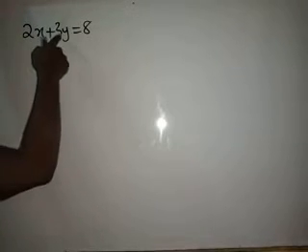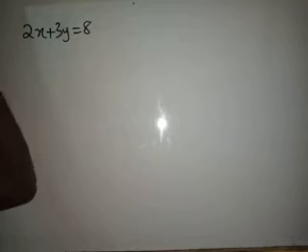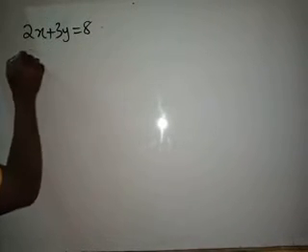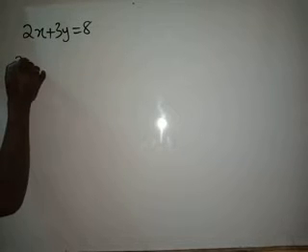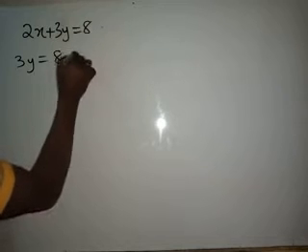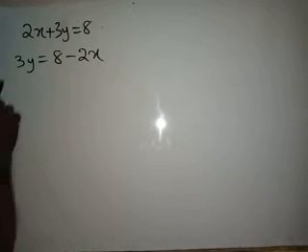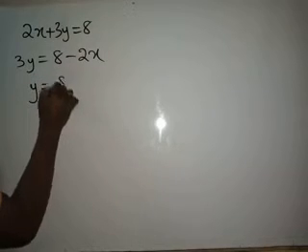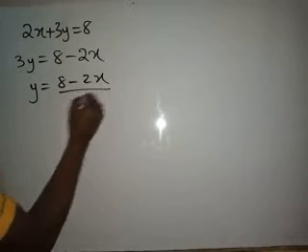Now, I want to make y the subject. So making y the subject here, this one will move to the other side. I will have 3y equals 8 minus 2x, and I will divide everything here by 3. So I have y equals (8 - 2x) over 3.